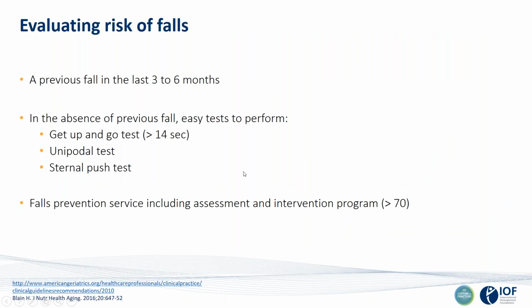Then the second key fracture risk is, of course, the risk of falls, and that has to be briefly assessed by the healthcare provider that will visit the patient in the FLS.